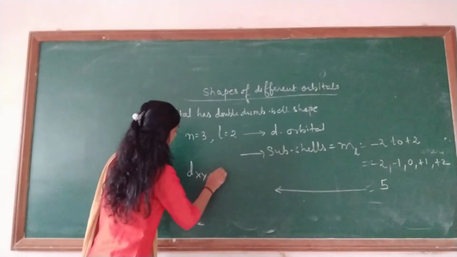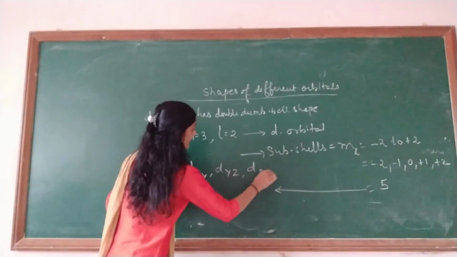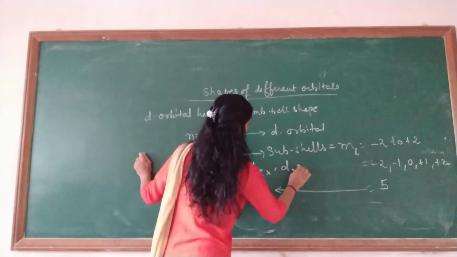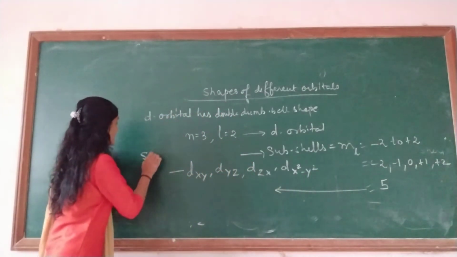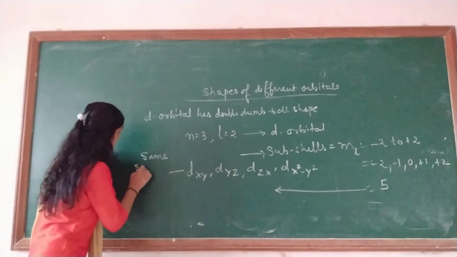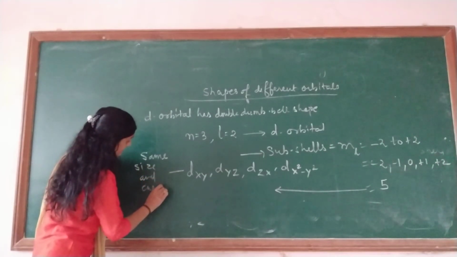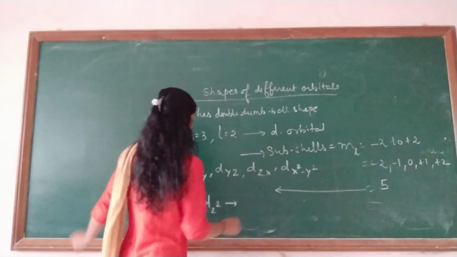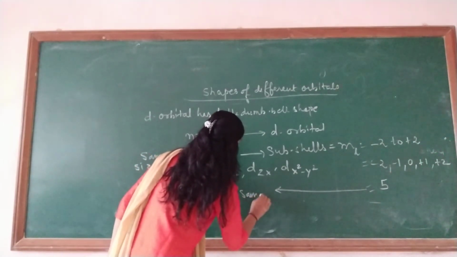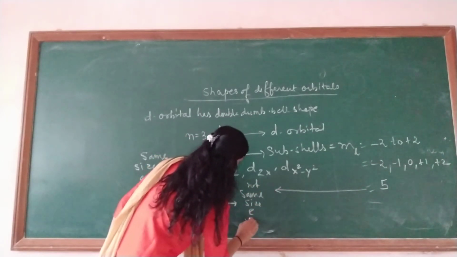dxy, dyz, dzx, dx square minus y square. We can say that they have the same shape, size and energy. But dz square does not have the same shape or size and energy.